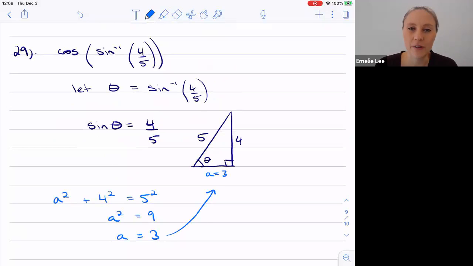So now I have the full triangle, and I've also swapped this whole mess out for theta. So the cosine of theta is the adjacent over the hypotenuse, 3 over 5.